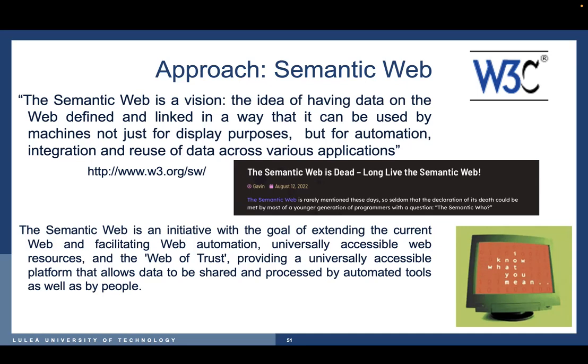I found a rather recent discussion about it, so I put a link in Canvas. You can read about it, about the need, still motivating the need for turning the web from a web of information to a web of knowledge.